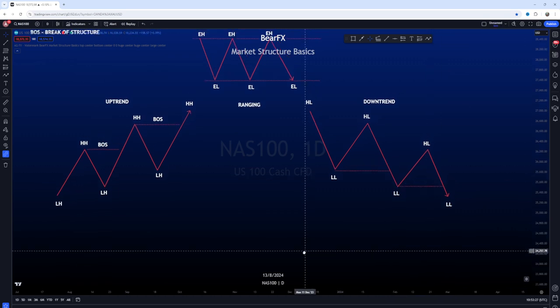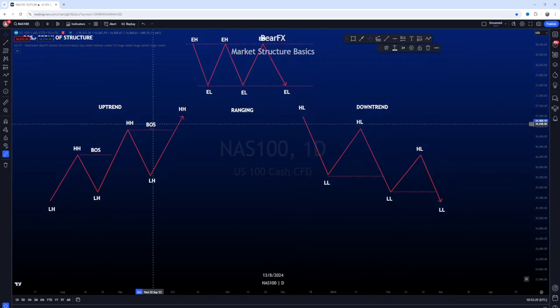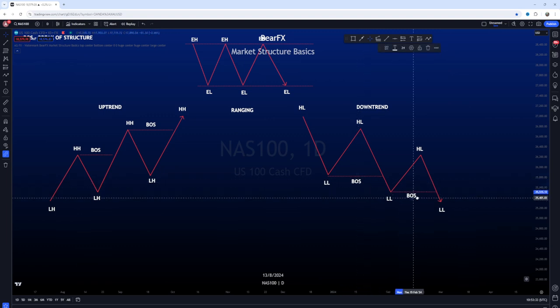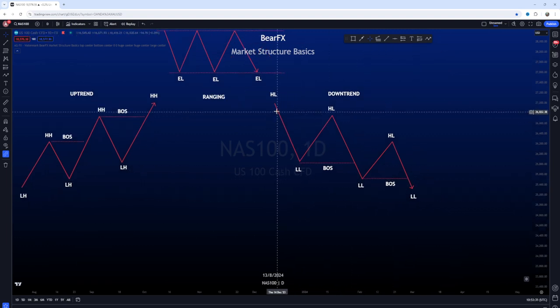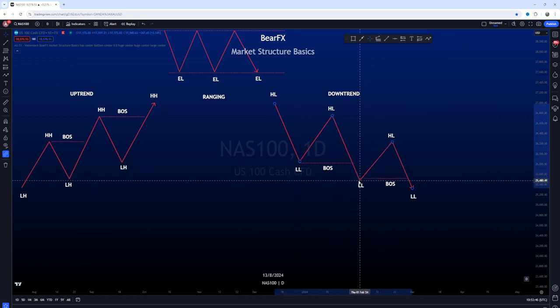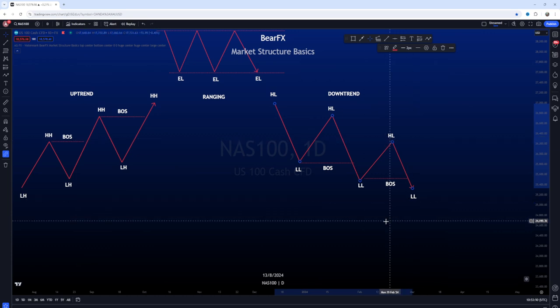Break of structure to the downside, break of structure to the downside. Okay, so again, higher low, lower low, higher low, lower low. Why is this a break of structure? Because price has taken this lower low, creating this new lower low. Then it's given a pullback to this higher low and this lower low.